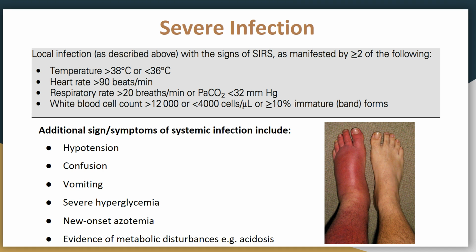Additional signs and/or symptoms of systemic infection include hypertension, confusion, vomiting, severe hypoglycemia, new onset azotemia, and/or evidence of metabolic disturbances such as acidosis, being increased acidity in the bloodstream and/or tissues.